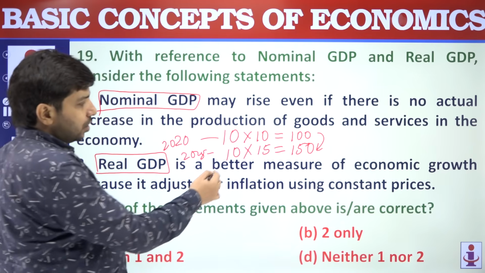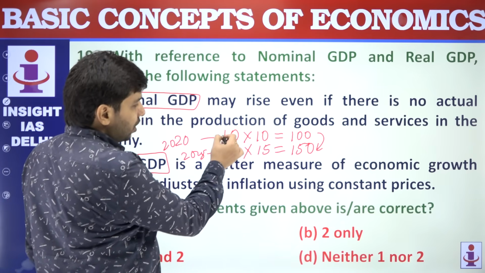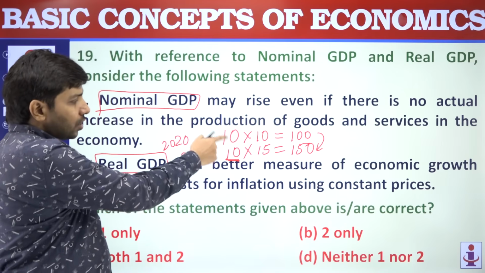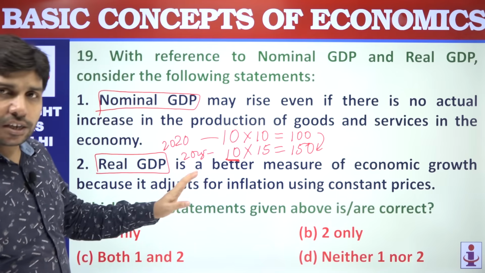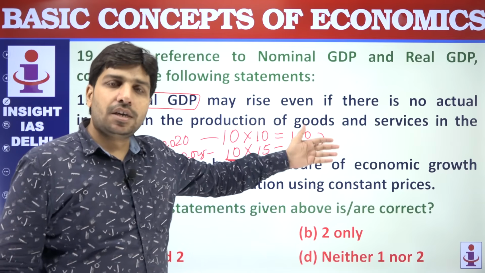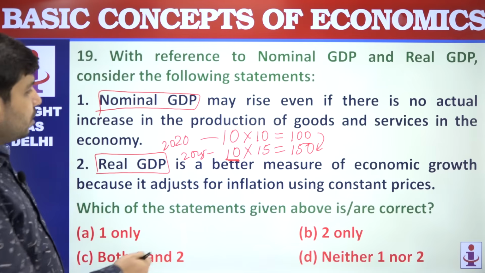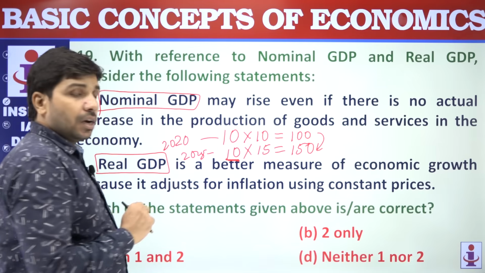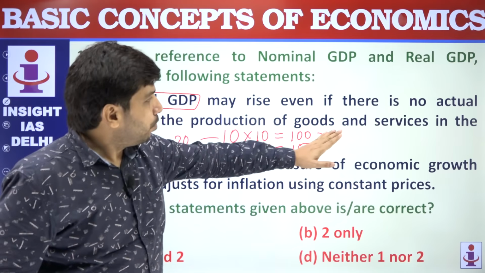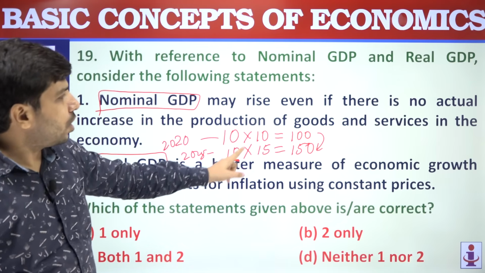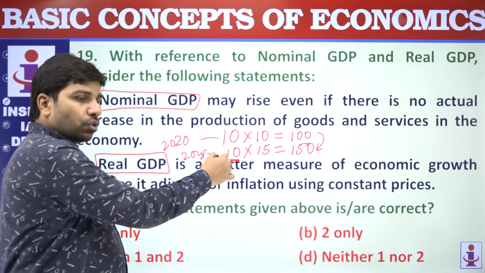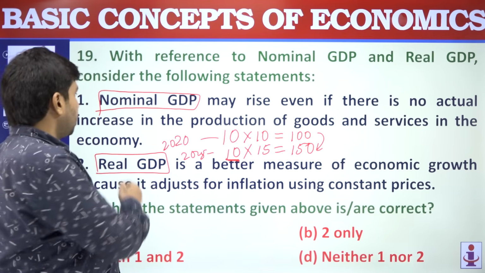The production remains the same, 10 kg in both years, but the output is increasing by 50 rupees. So this is an example of nominal GDP, because it has risen, but there is no actual increase in the production of goods and services in the economy.